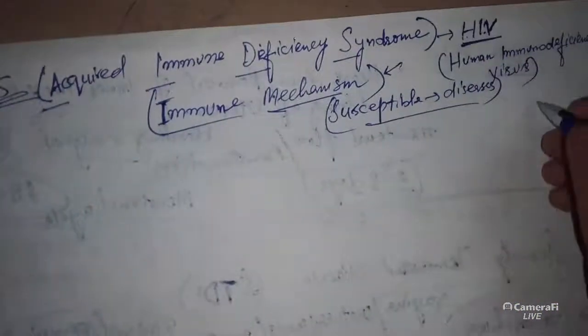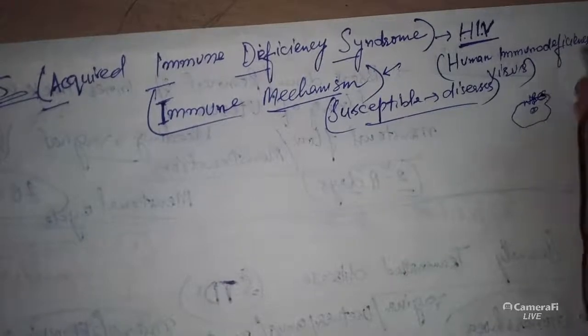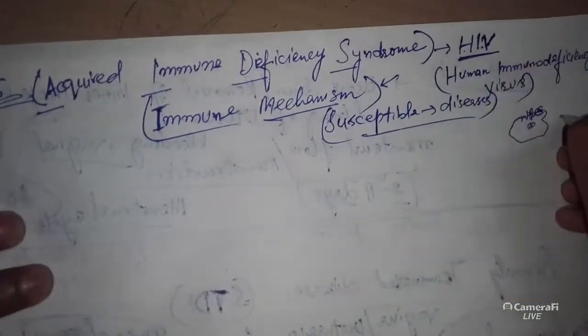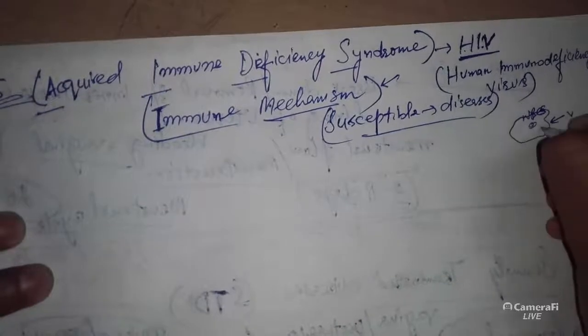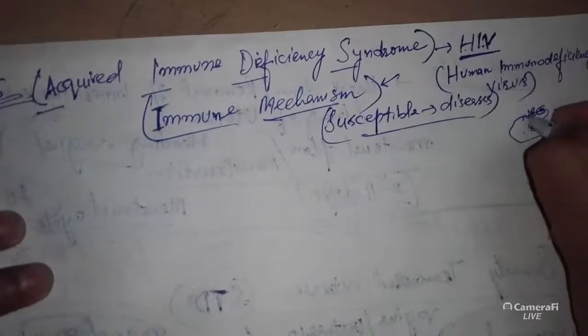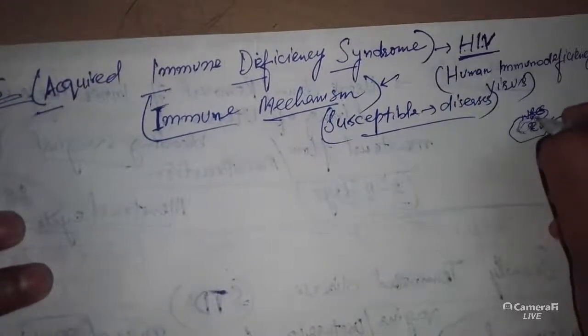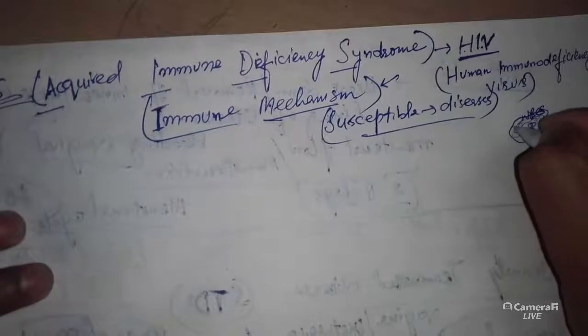So HIV is attacking the immune system. In the immune system we have, for example, WBCs. These WBCs are attacked by the virus. When the virus enters inside, it uses the cell's system through a process we call reverse transcription.